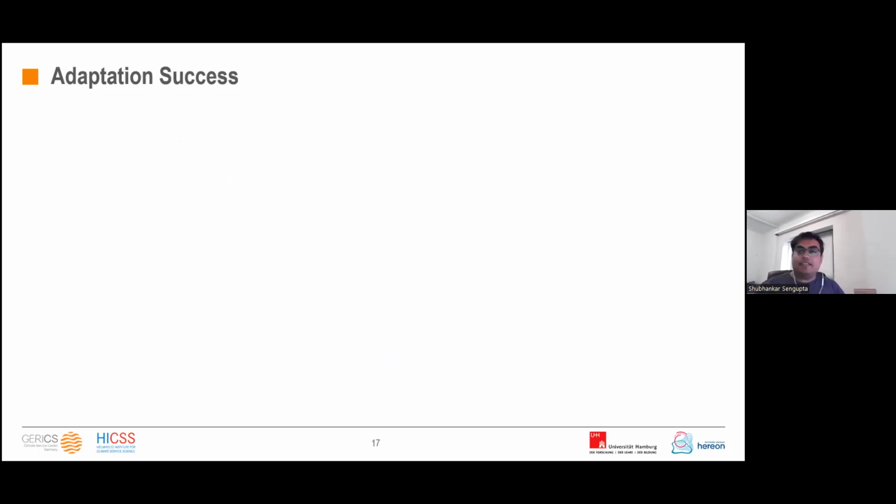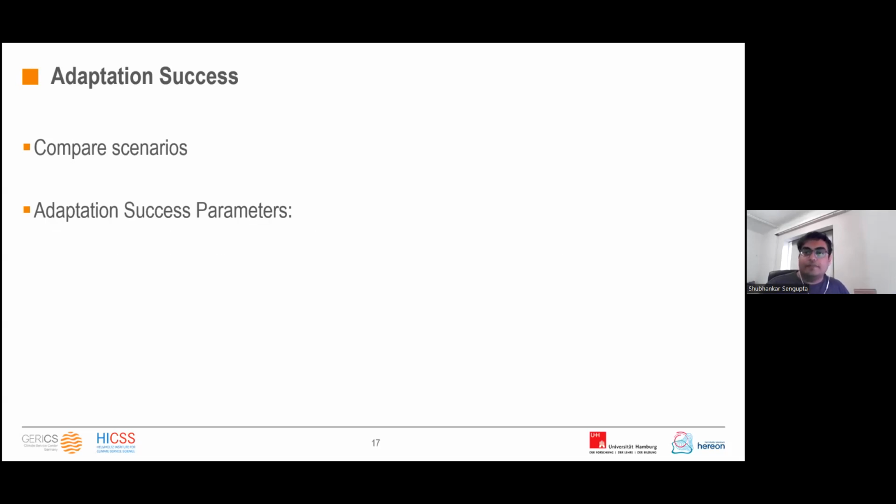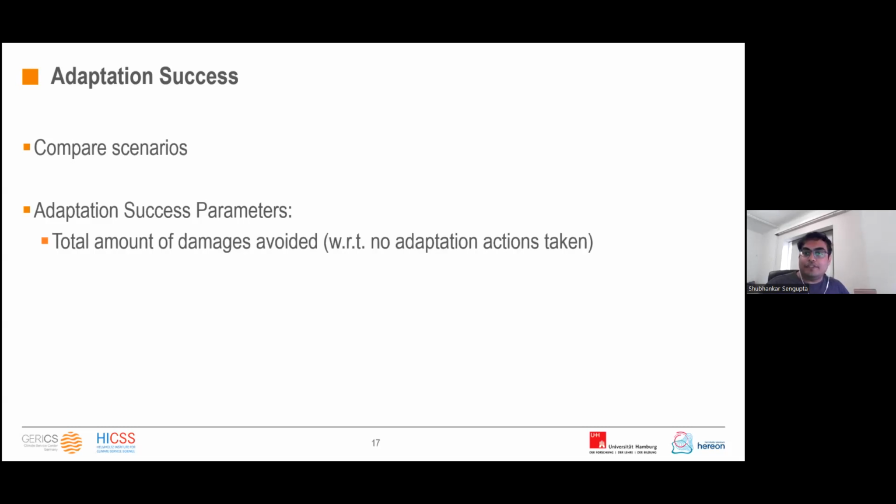So what do I mean by adaptation success? We develop these parameters to measure the success that will help us define and quantify this success and compare it across scenarios. I'll hurry through this a little bit. One of the most likely parameters you can use to measure success is the amount of hypothetical damages that are avoided. You take a simulation where there is no action by the agent, and then you compare every scenario to that case.